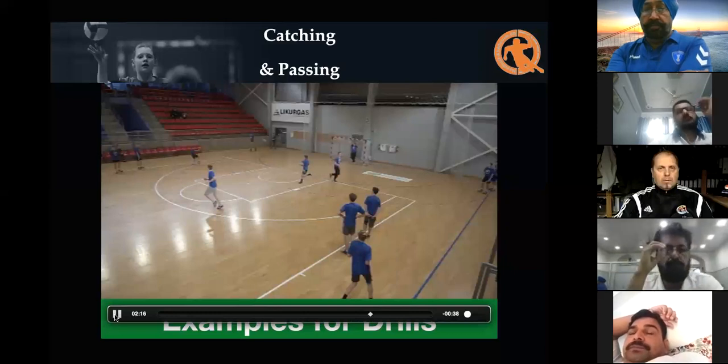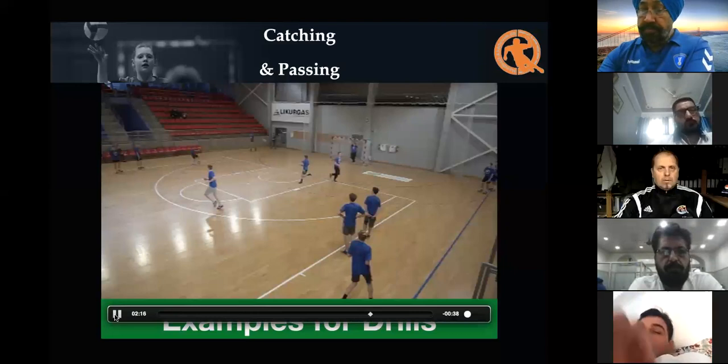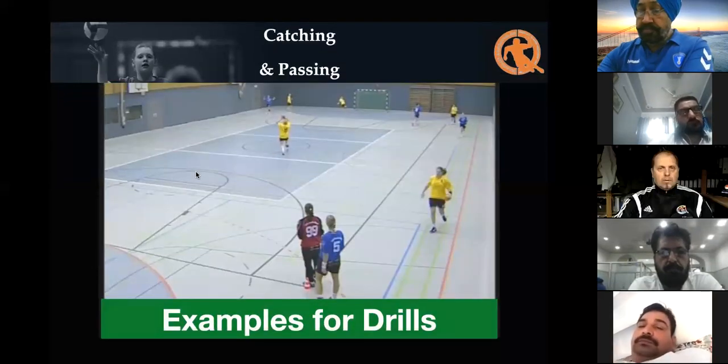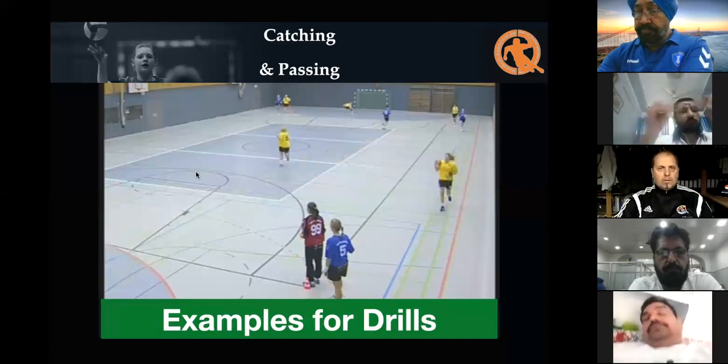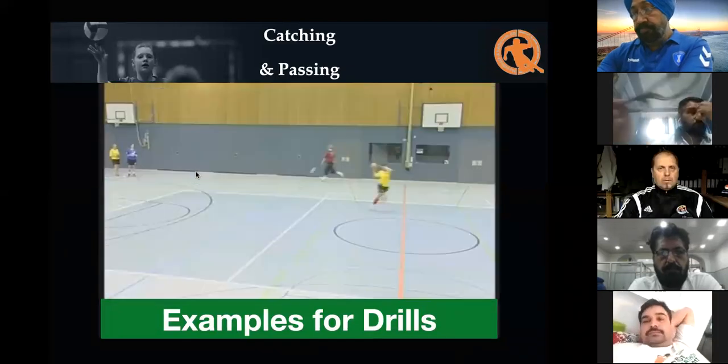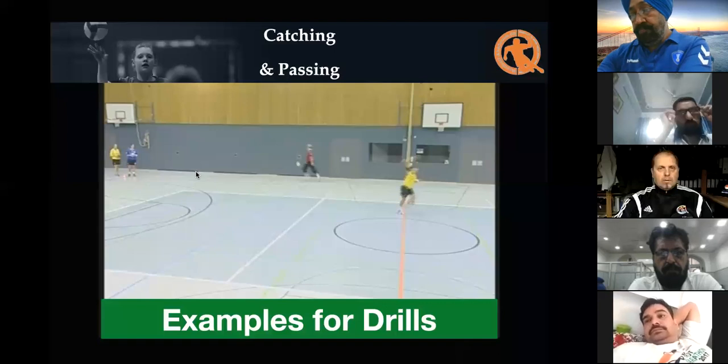Most demanding type of passes we have in fast break situation, because now the ball is not coming from the side, it's coming from behind. So the players have to turn to catch the ball and hopefully in full speed forward the ball to the next position. So this is why these fast break passing drills are so demanding.